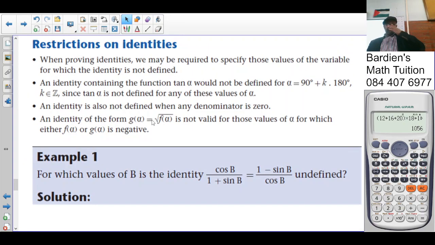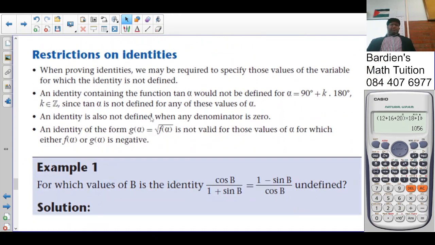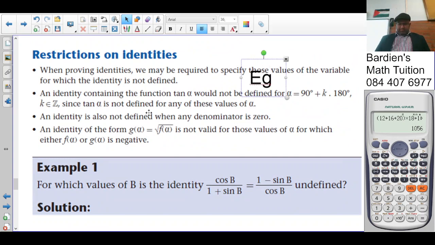So restriction on identities, we're reading this on page 250.